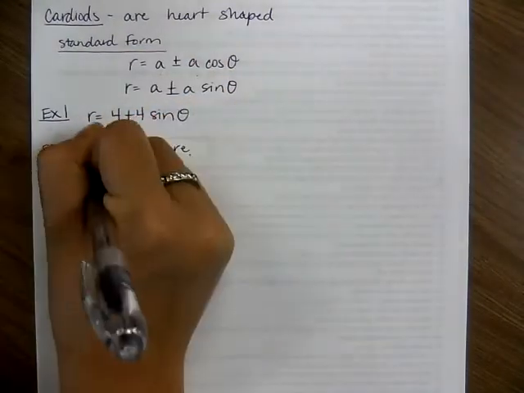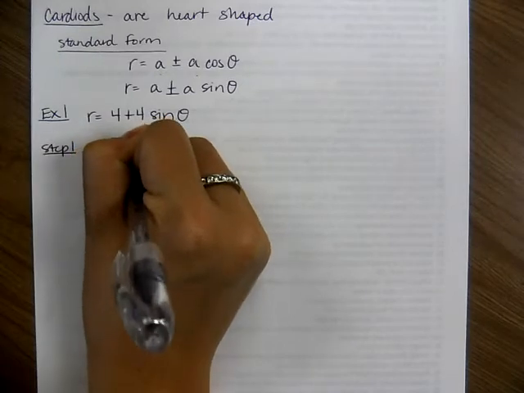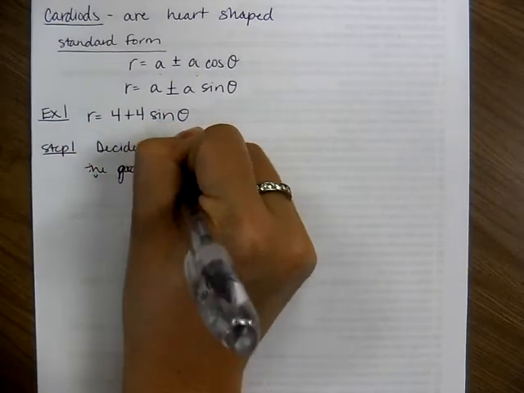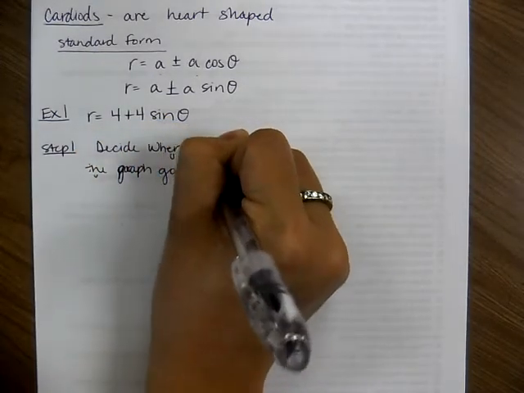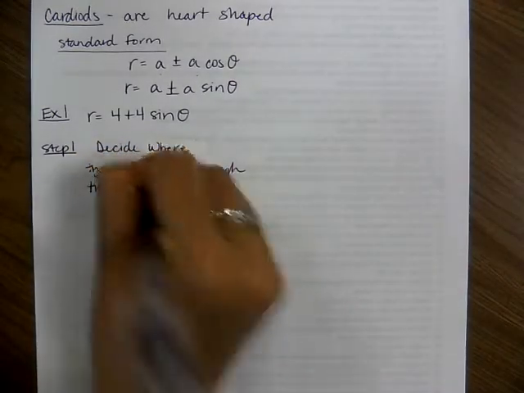Where the graph goes through the pole. Why will this graph always go through the pole? You can do it. I know you can do it.